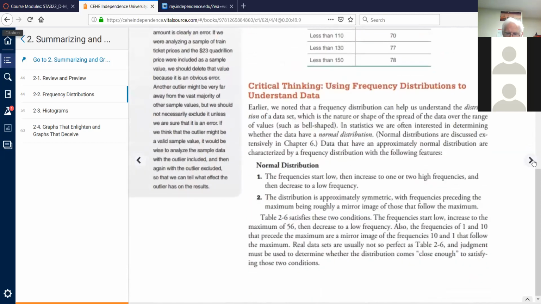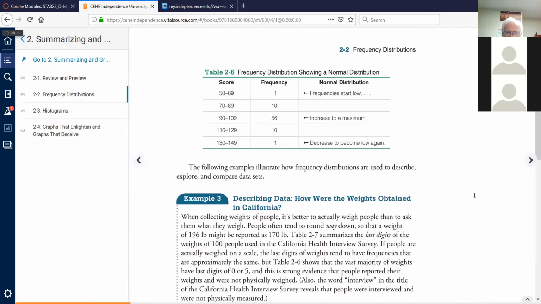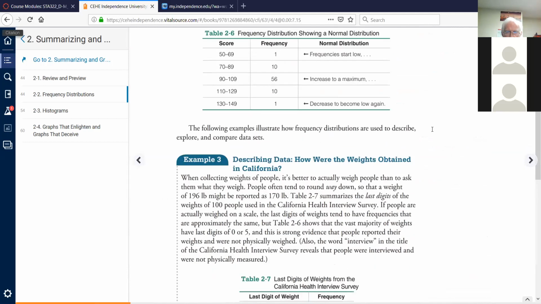Let's look at something that shows what we call a normal distribution. If we go through our classes, the frequencies will start low, they'll maximize out at some point, and they will decrease.